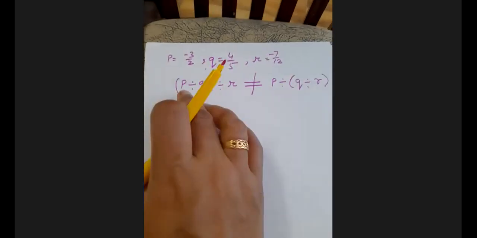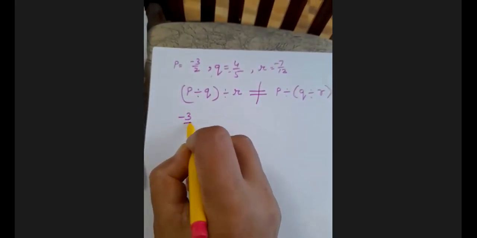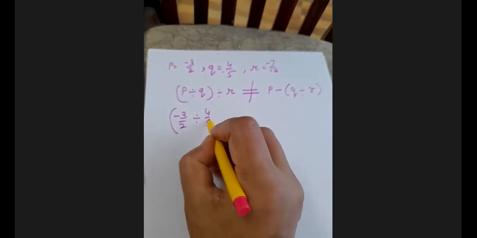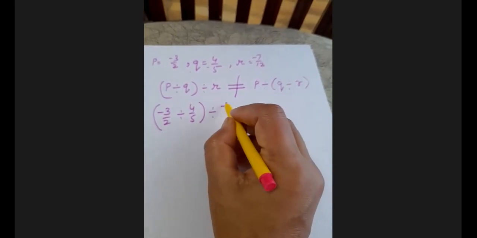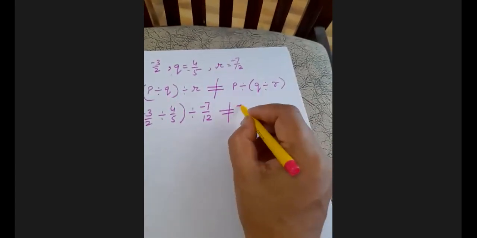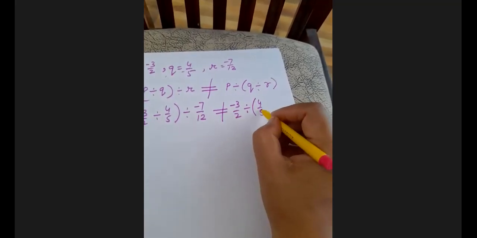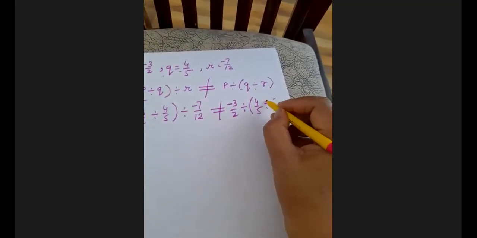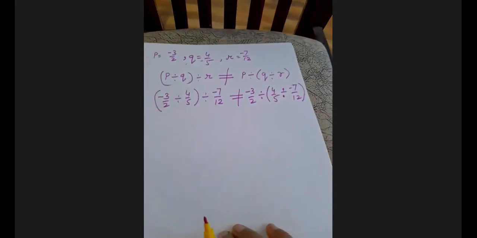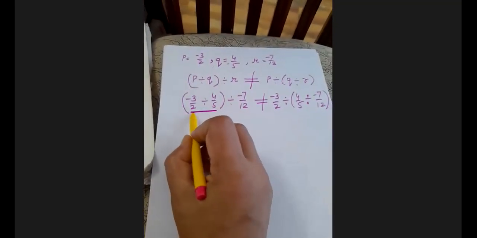Clear, students? Now, in the first step, put these values in this equation: minus 3/2 divided by 4/5 divided by minus 7/12 is not equal to minus 3/2 divided by 4/5 divided by minus 7/12 with the brackets grouped differently. In the first part, we will solve this part.